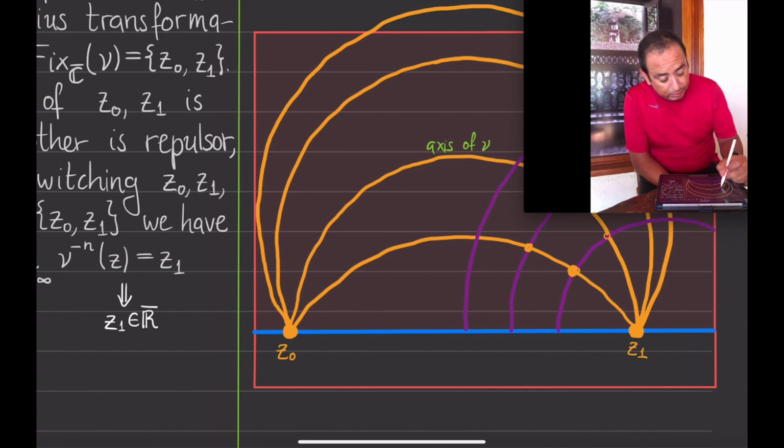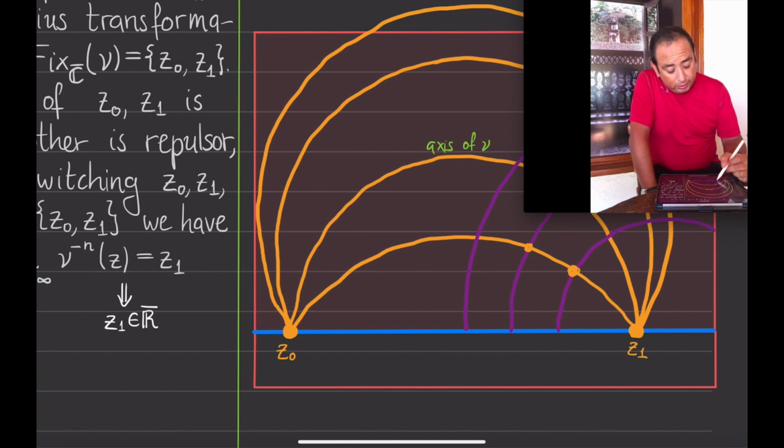Okay, so I claim that it's this one, this point. So let's argue. Take the shortest curve passing through this one and orthogonal here.